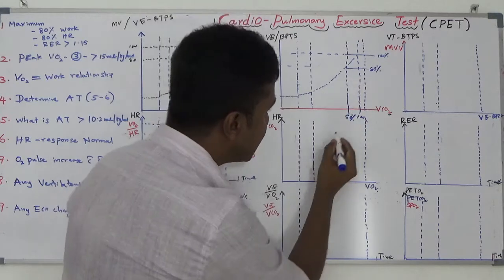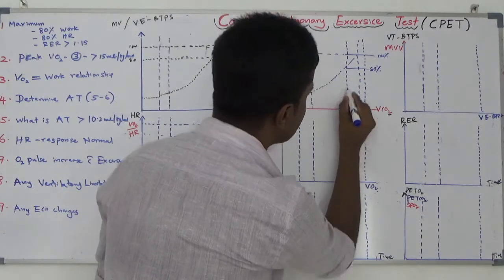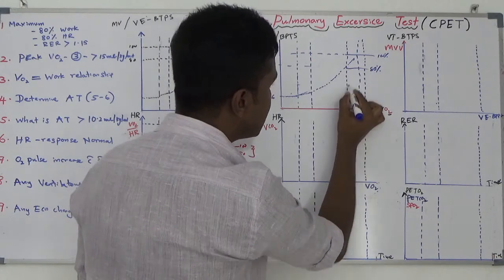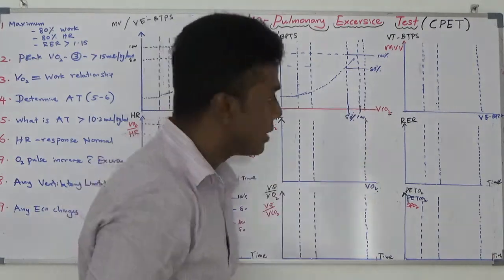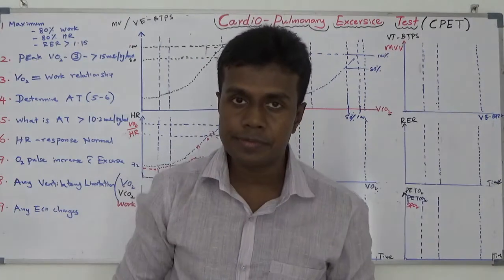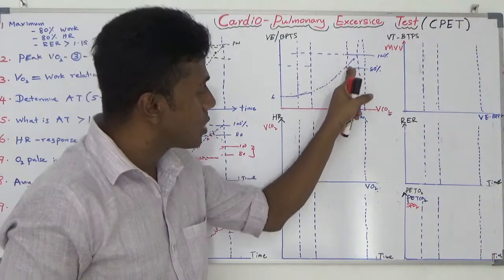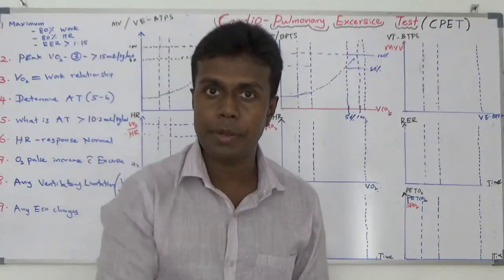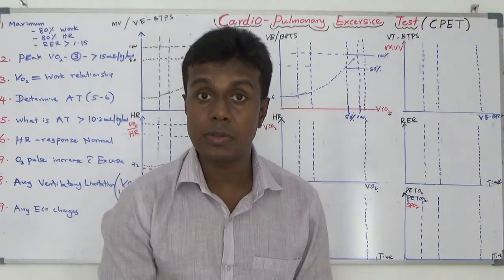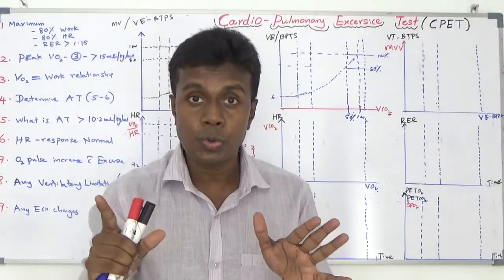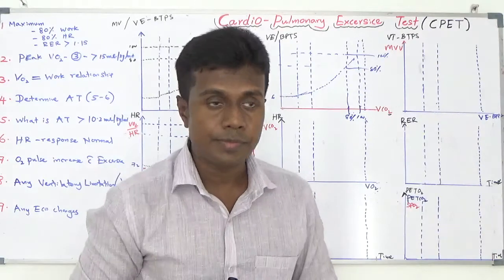Not only that, it should come to this line as well. This line should come here and this line should cross these two lines. That means the VCO2 line and VE line should come to the same position if you are perfectly normal. That means if you have 80 to 100% normal work according to machine calculation.